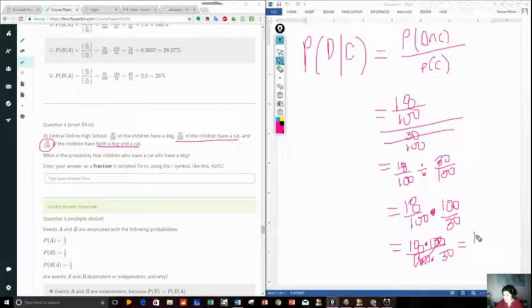That leaves you with 18 over 30. 6 can go into both of these: 18 divided by 6 is 3, and 30 divided by 6 is 5. So we have a solution of 3/5.